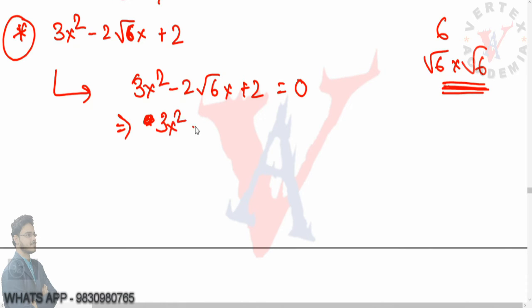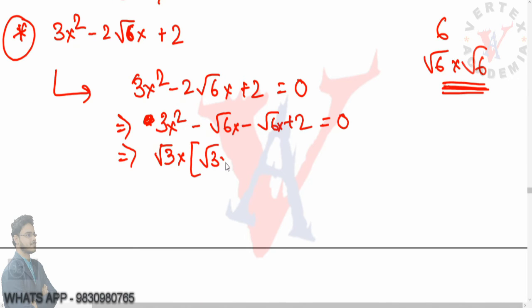So 3x square minus root 6 x minus root 6 x plus 2 equals 0. From here we can take common root 3 x, so root 3 x into root 3 x minus root 2. Then from minus root 6 x plus 2 we can take minus root 2 common, so it comes out to be root 3 x minus root 2.